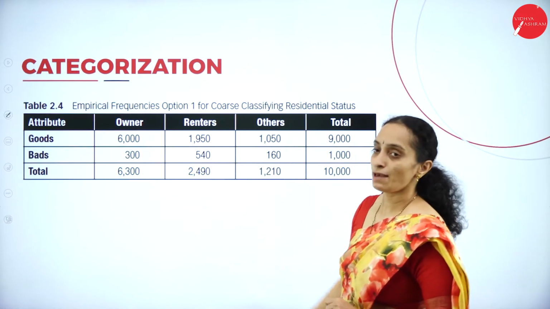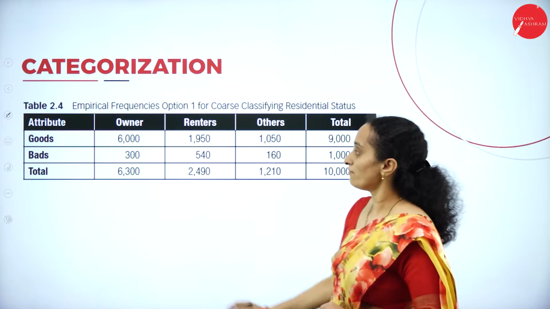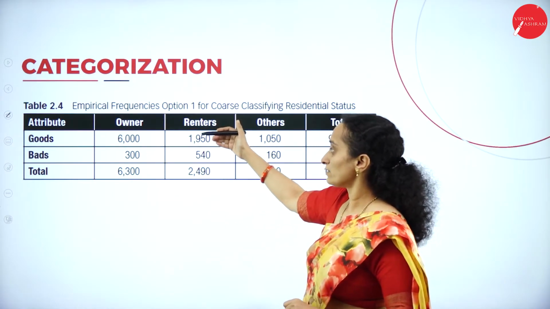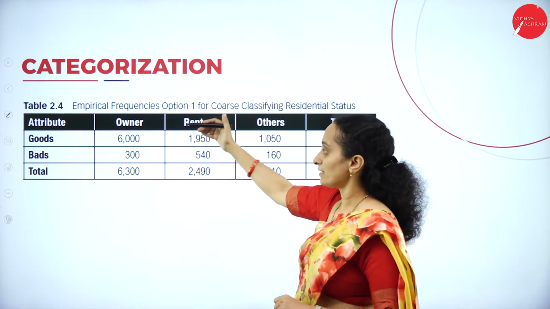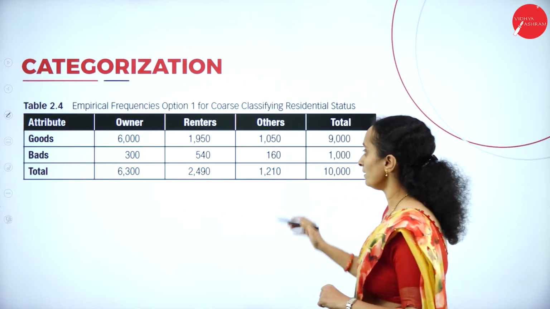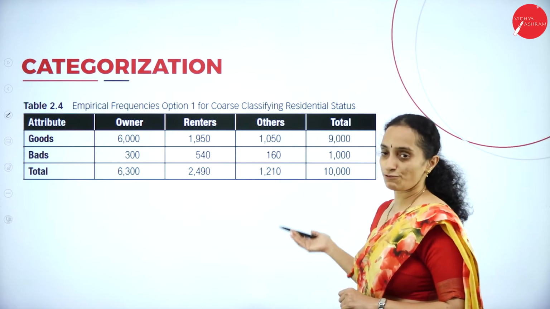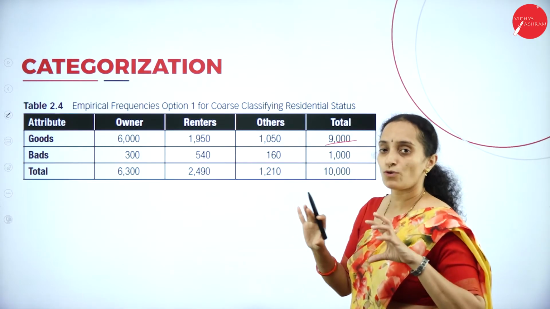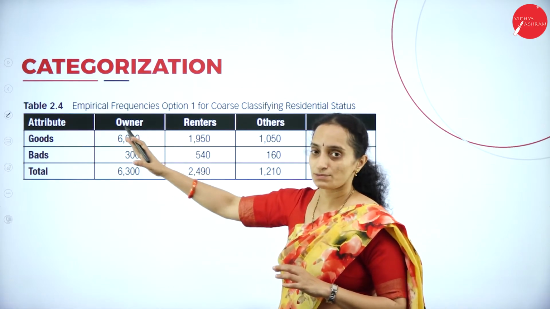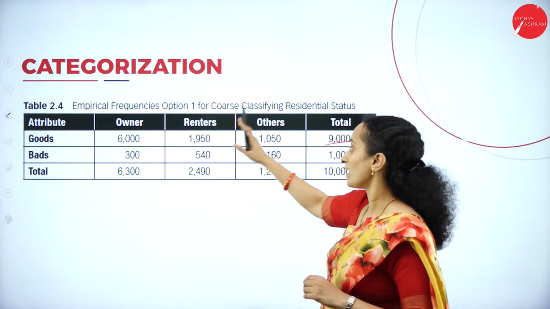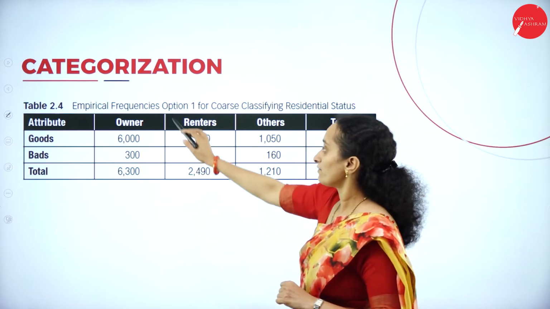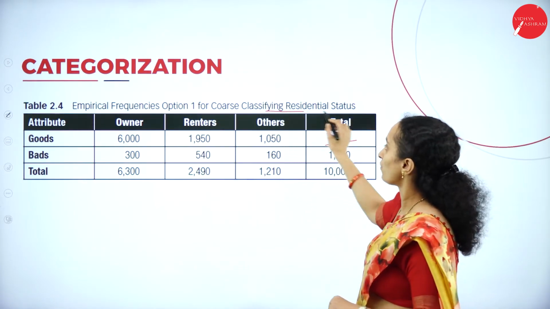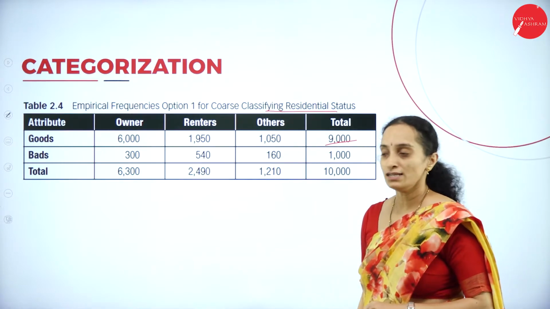We have the 3 categories now: 6,000 owners, 1,950 renters in the good category, and others 1,050 in the good category, total 9,000. So there will be empirical frequencies of option 1 for coarse classifying the residential status.